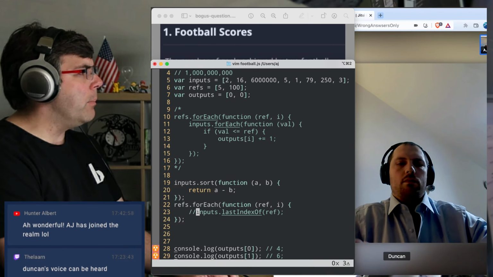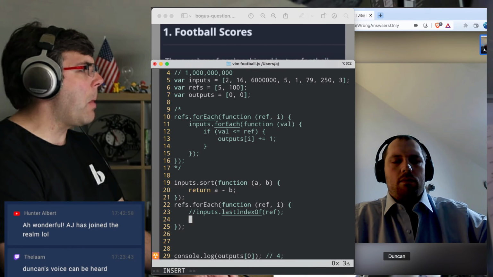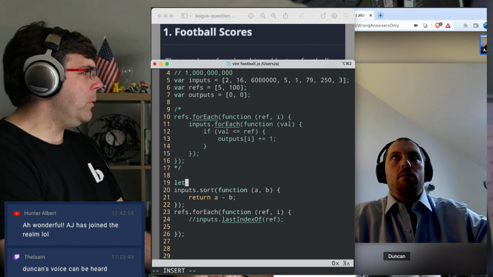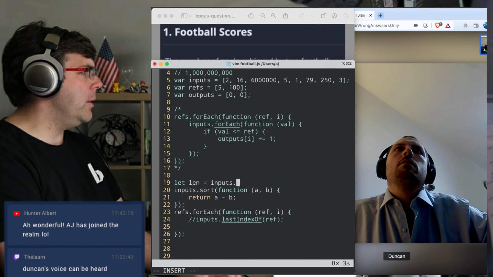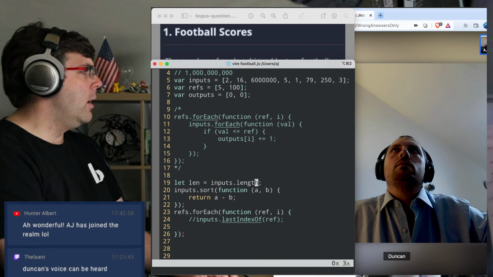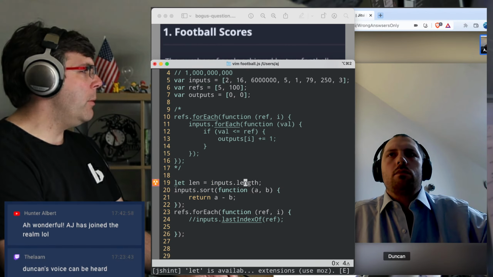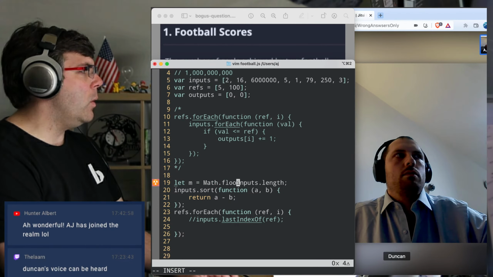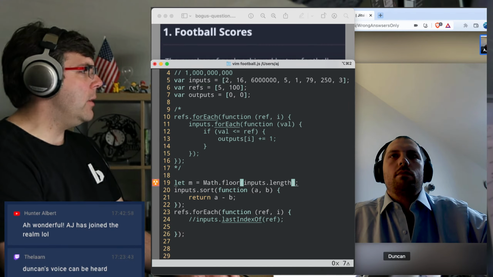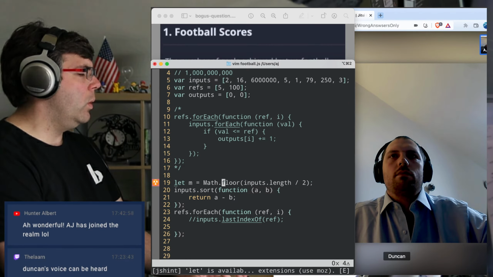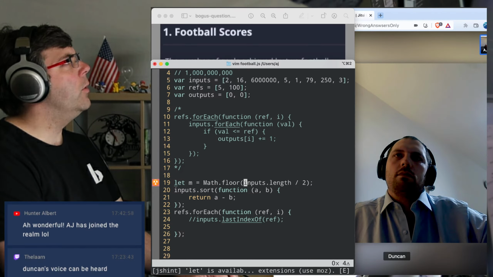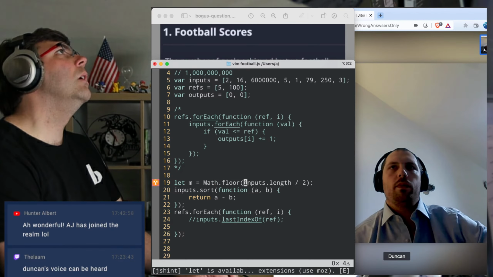But essentially, we're going to be implementing a binary search where we say, let's pick, I guess let's do len is inputs.length. I'm going to call it M, actually. We're going to do math.floor of inputs.length divided by 2. So is that going to work? Or is it length? That's the typical binary.